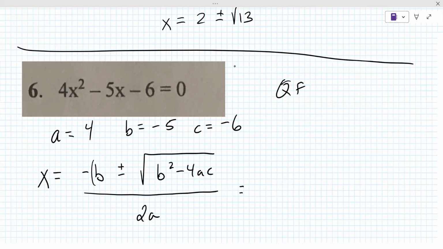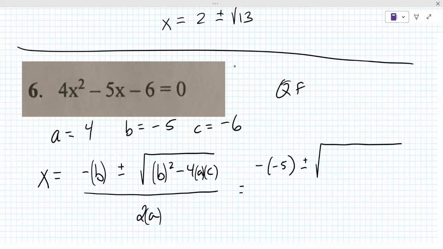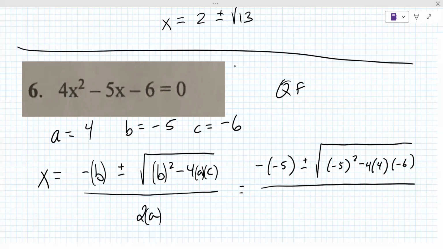And I mentioned it's probably better to think of all the variables as being in parentheses. So this is negative parentheses -5 plus or minus the square root of -5 squared minus 4 times 4 times -6 all over 2 times 4.